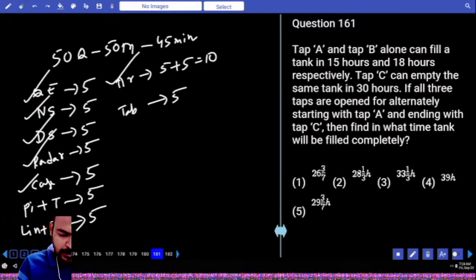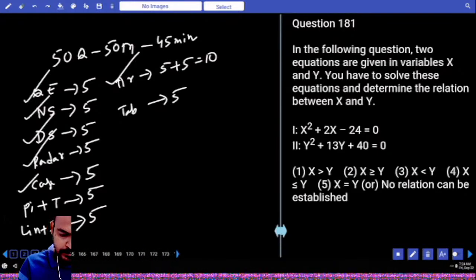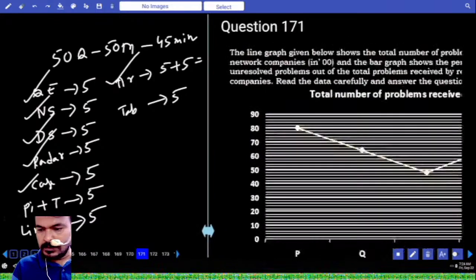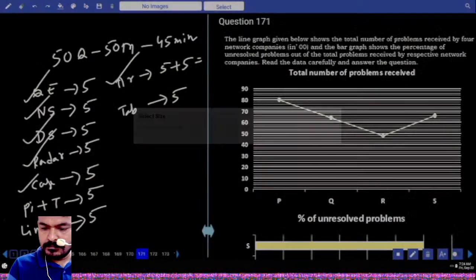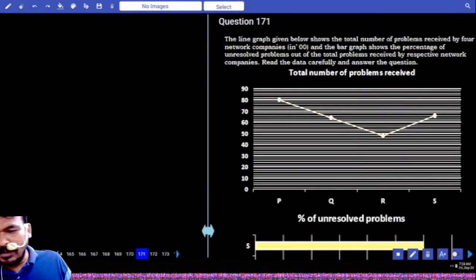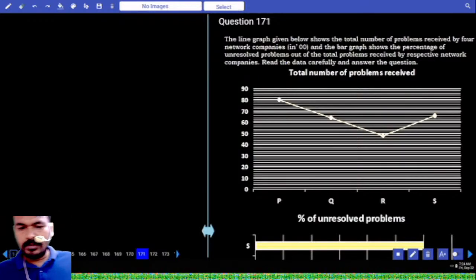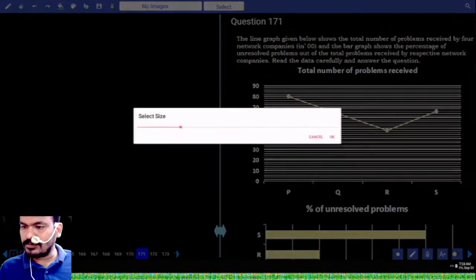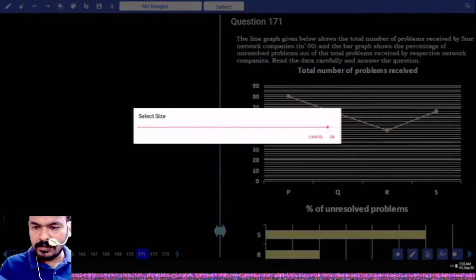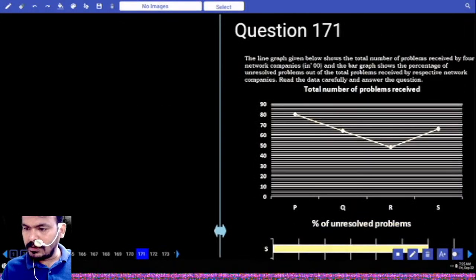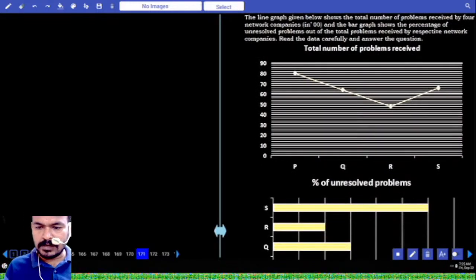Next, line plus bar graph, question 171. The line graph given below shows the total number of problems received by 4 network companies in thousands, and the bar graph shows the percentage of unresolved problems out of the total problems with respect to the network companies.